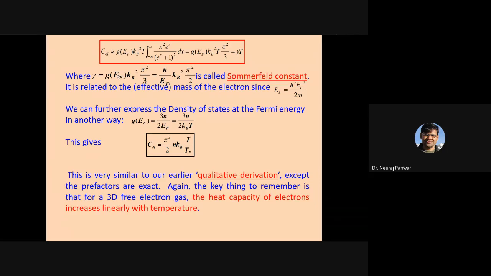And we know that this is the density of states at the Fermi level. It is related to the Fermi energy as follows: 3n divided by 2 EF, and EF is kB TF. Here, please understand it is TF. So it is 3n divided by 2 kB TF.